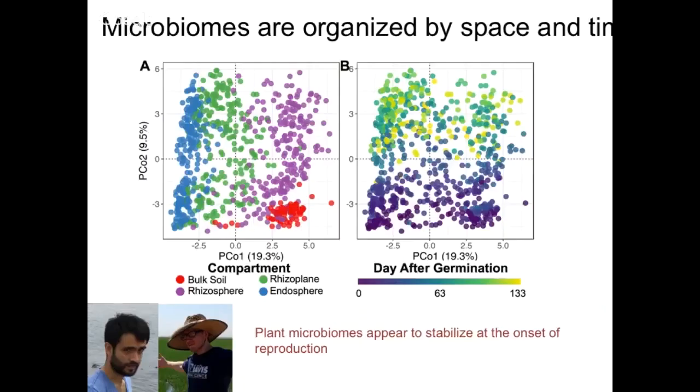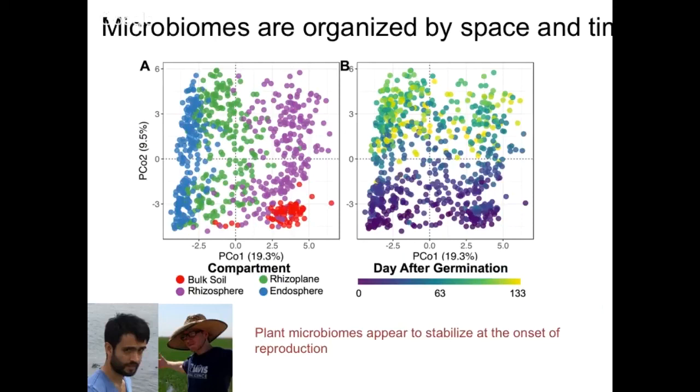Okay, so this is just an overview of the data. Again, we notice that the microbiomes are distributed spatially. So we get our rhizosphere samples over here. Those are the microbial communities out in the soil just next to the root surface communities, and then the root interior communities over here in blue. So those all separate along the first axis.